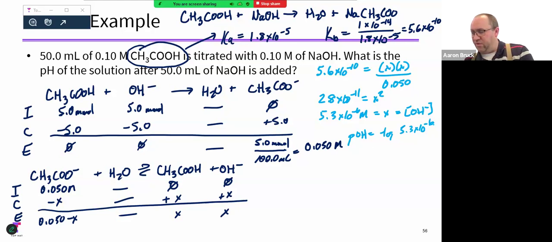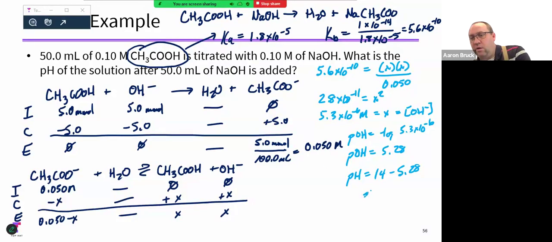So negative log of 5.3 times 10 to the negative 6th is 5.28, which gives us a pH of 8.72.